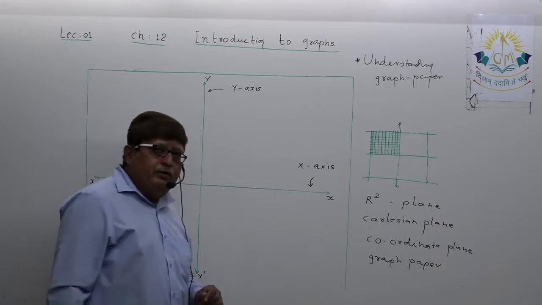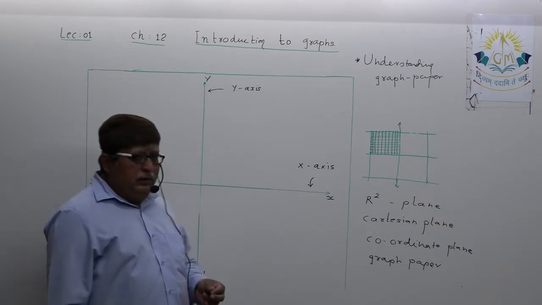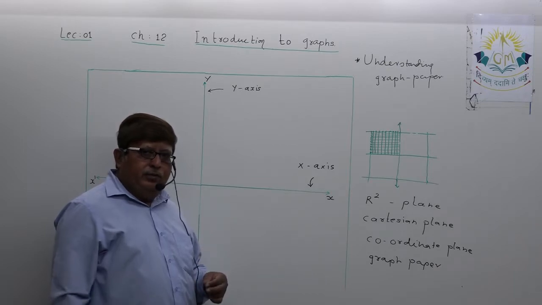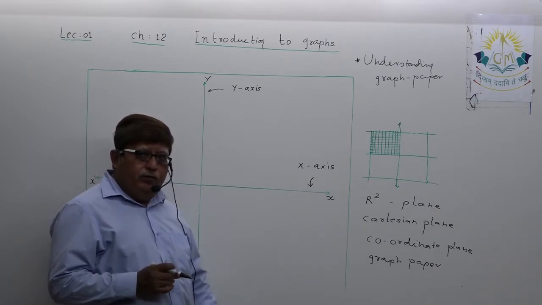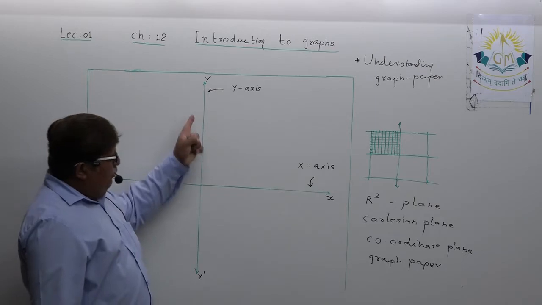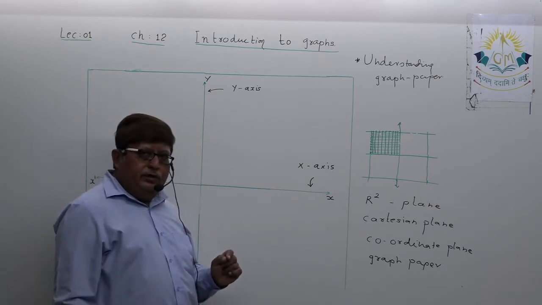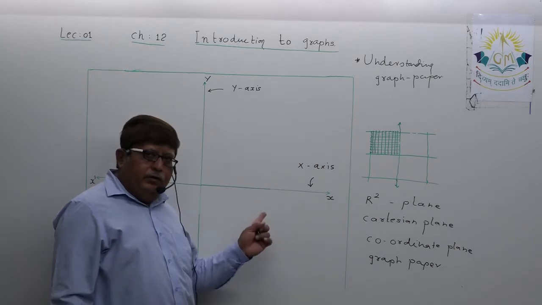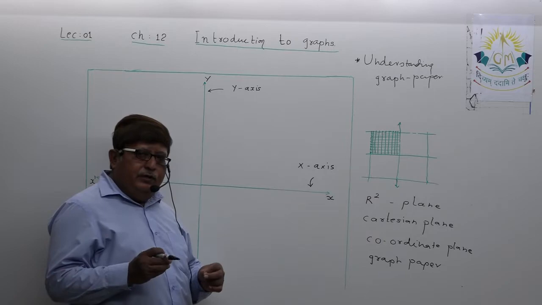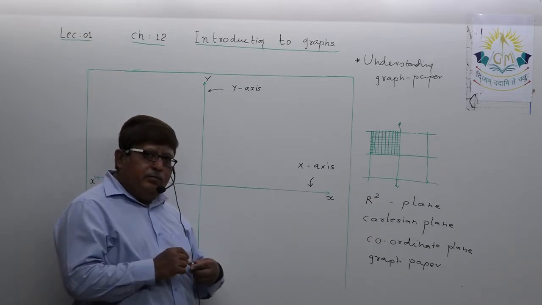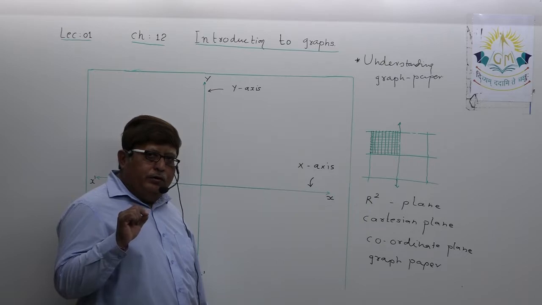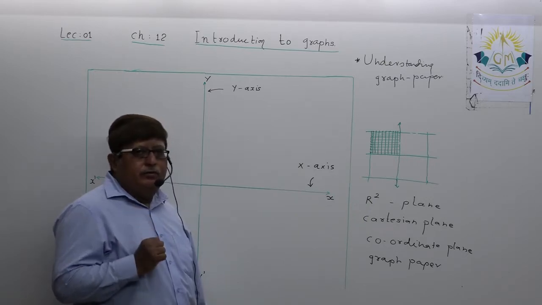See, dear student, the graph paper given has been divided into four parts by drawing one vertical line and one horizontal line. These two lines which I have drawn, if you want to speak of them by a combined name, are known as coordinate axes.